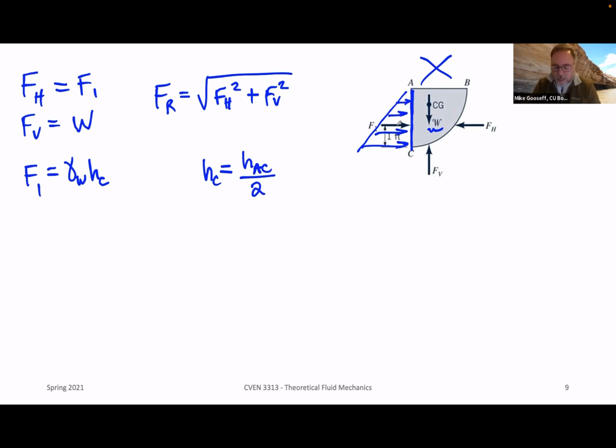All right, and then we're going to multiply by the area of that interface on the left-hand side. So this area goes from A to C and goes 1 foot into the page. Now, we were given that the diameter of the conduit was 6 feet, so the radius is 3 feet.